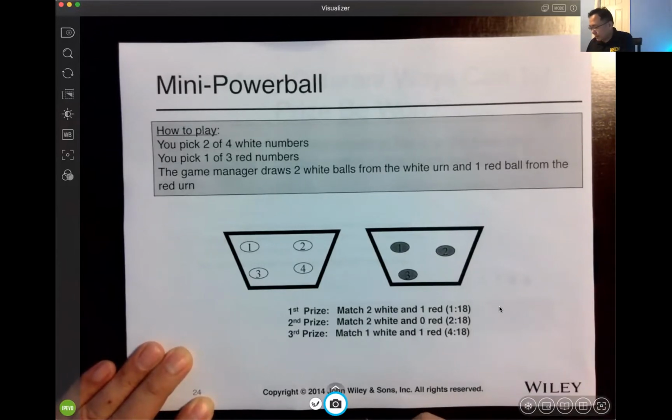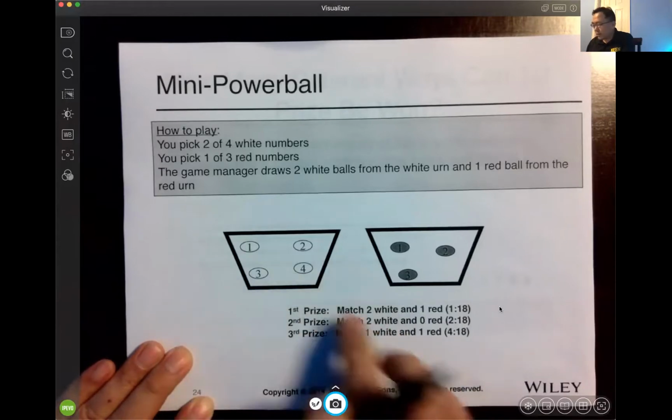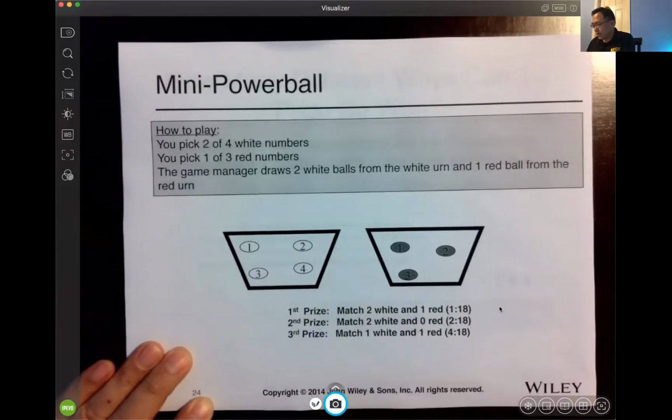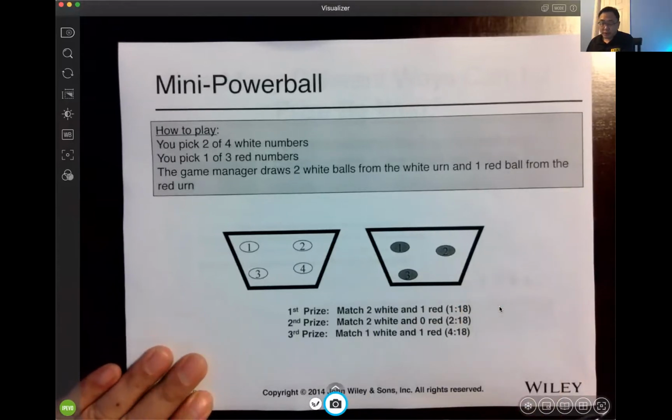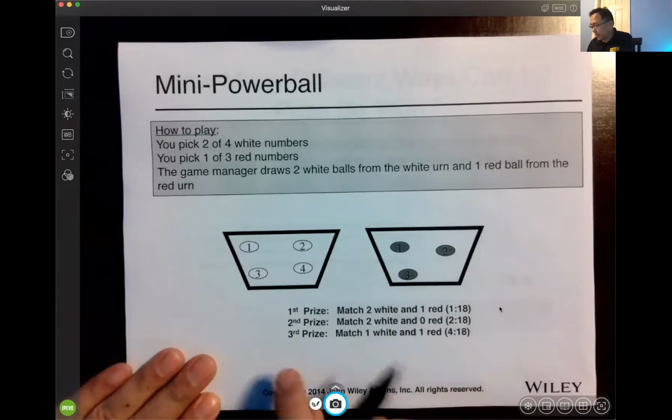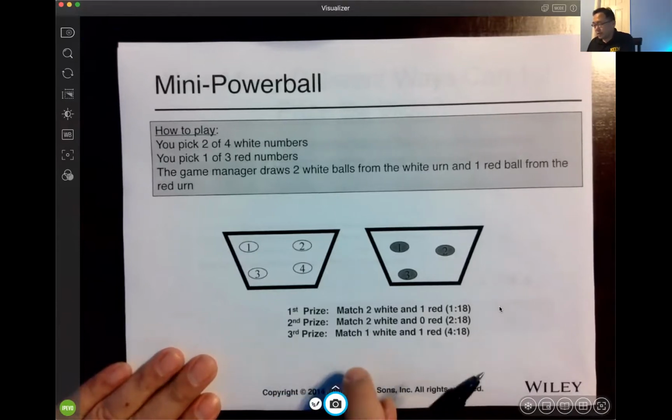And the second prize will be 2 white balls match and the red ball didn't match. And the third prize will be matching 1 white ball and 1 red ball.